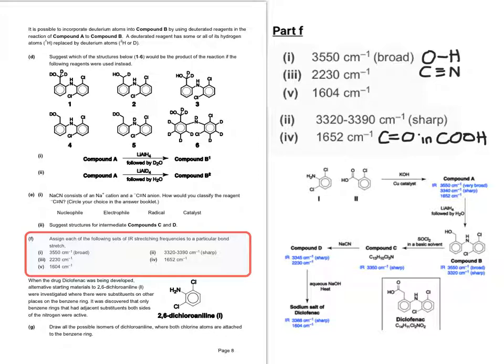However, we've got 1604 and we've also got 3320 to 3390. And these are both in the sodium salt of diclofenac.